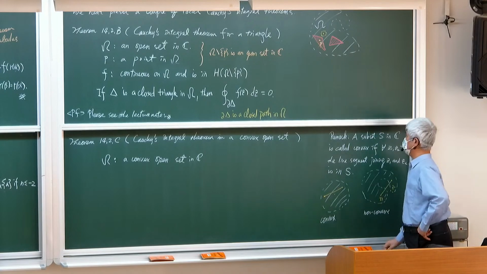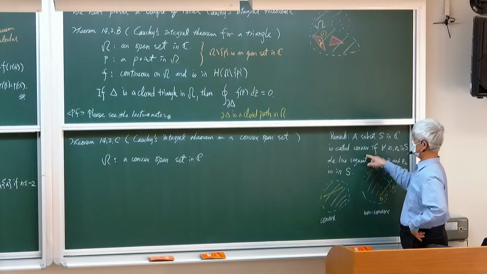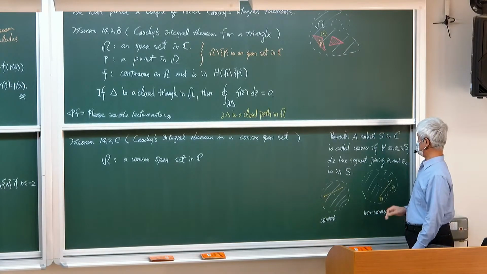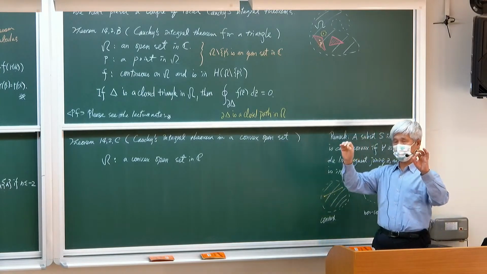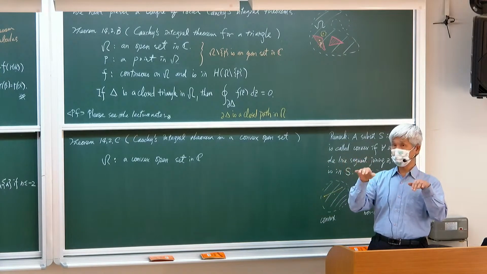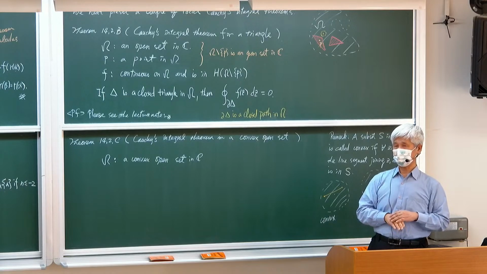So the convexness is defined this way. When you pick up any 2 points in the set, then the line segment joining these 2 points should be in the set. Then this set is called convex.